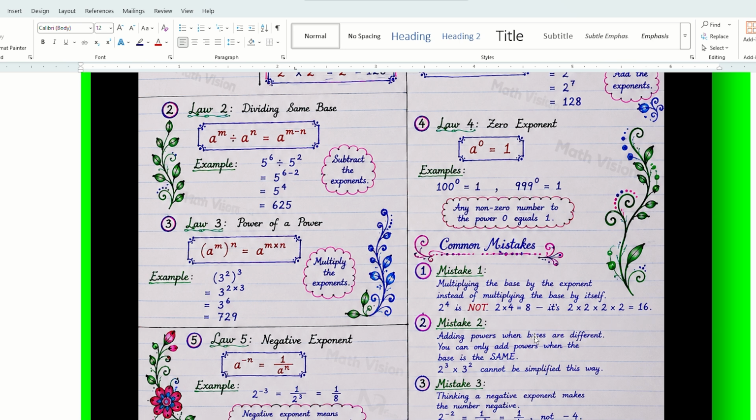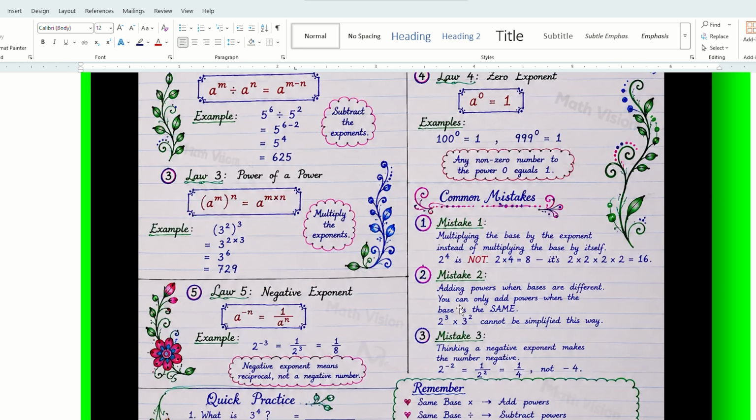Mistake number 2: adding powers when bases are different. You can only add powers when the bases are the same. If the bases are the same in multiplication, then the powers will be added. But when the bases are different, it cannot be simplified this way.